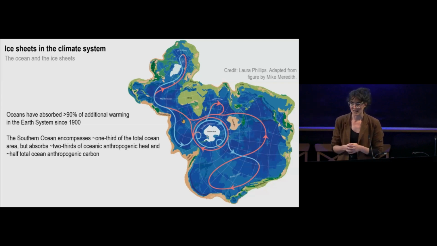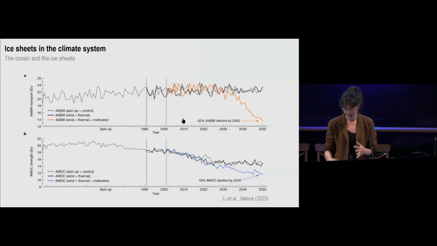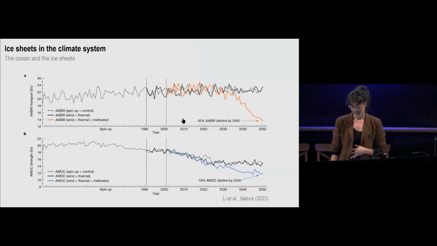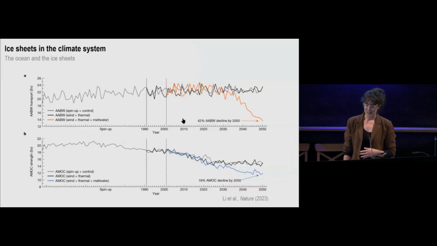and of course that has impacts on the large-scale overturning circulation. And if I use an analogy that has been used previously, the Antarctic ice sheet and the Greenland ice sheet are like the heartbeat of this global overturning circulation, and we really need to be able to couple ice sheets into the Earth system to be able to capture that. This was demonstrated really well in a recent paper that looked at the impact of freshwater flux into the ocean.